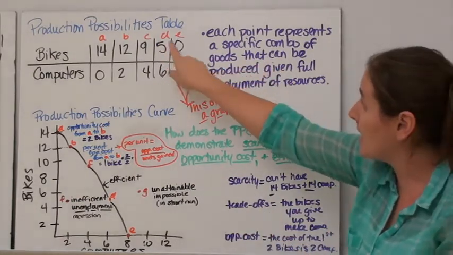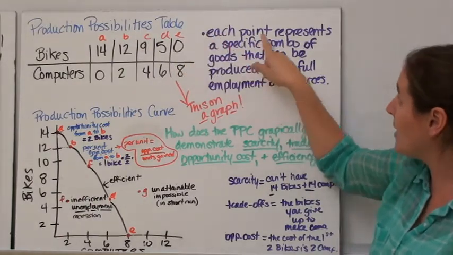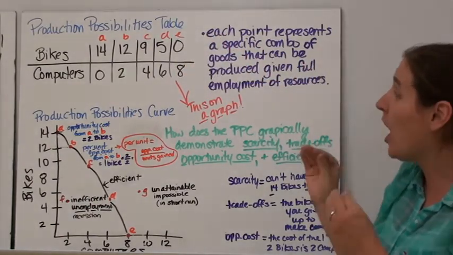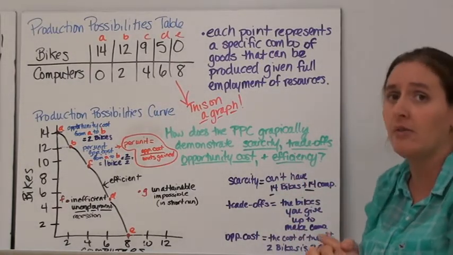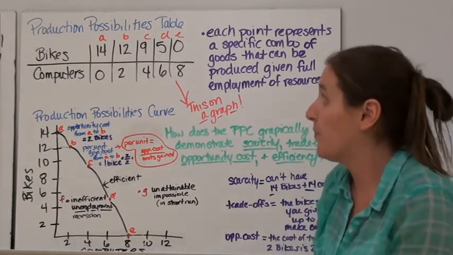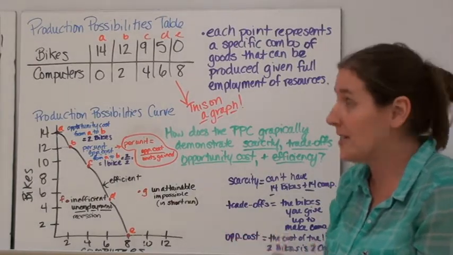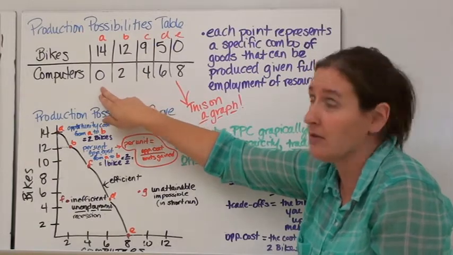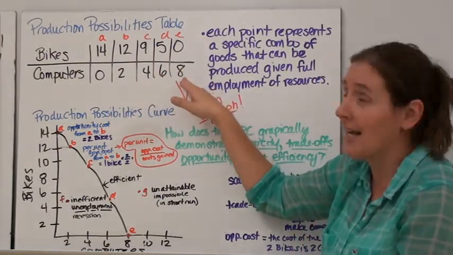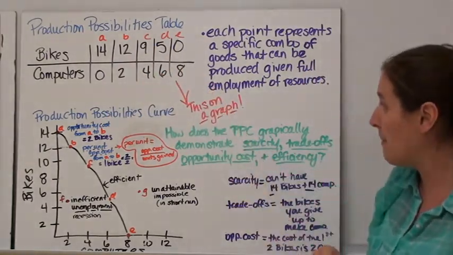A, B, C, D, and E are points, and each point represents the specific combo of goods that can be produced given full employment of your resources. So if you make 14 bikes, you can only make 0 computers. Or if you make 0 bikes, you can make 8 computers, and so forth, okay?